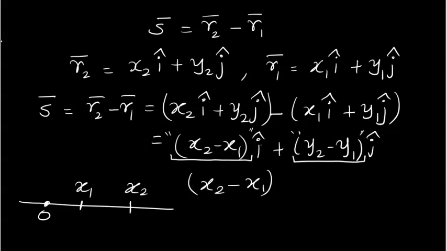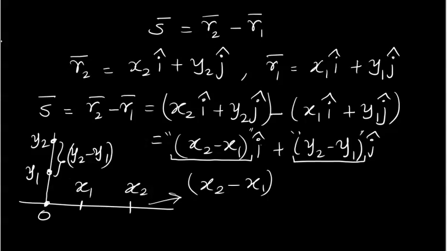Suppose I had a y-axis also: it was here initially at y1 and after some time it went to y2. So the displacement will be y2 minus y1, and here it is x2 minus x1. It is the same as the one-dimensional case, except that there are two dimensions, two directions, i cap and j cap.